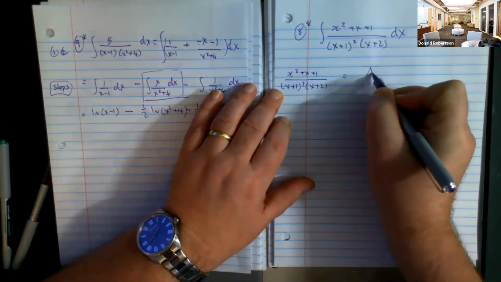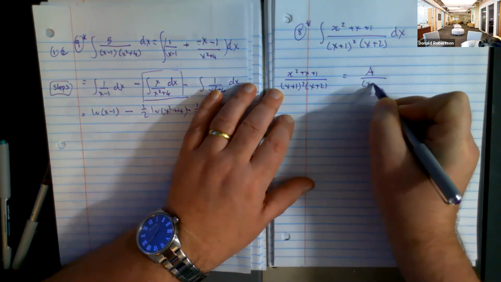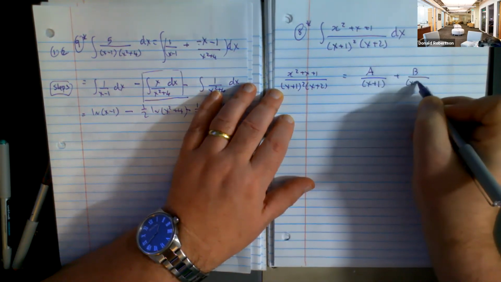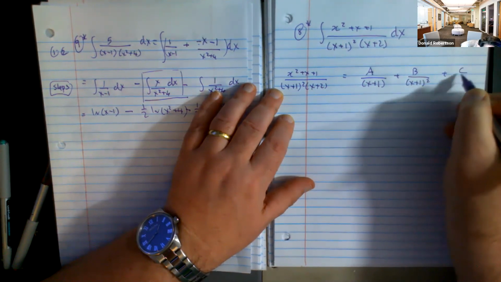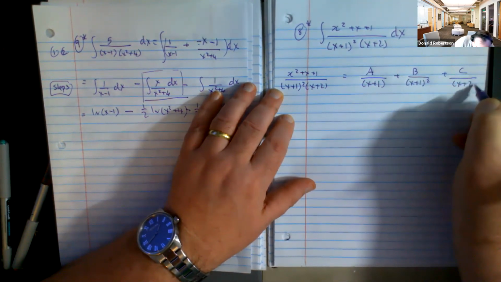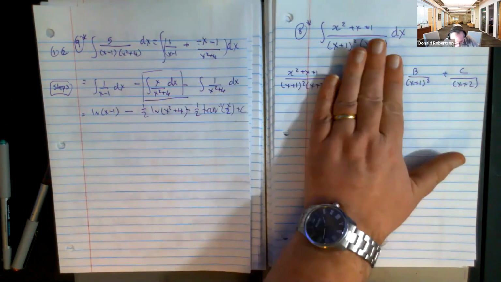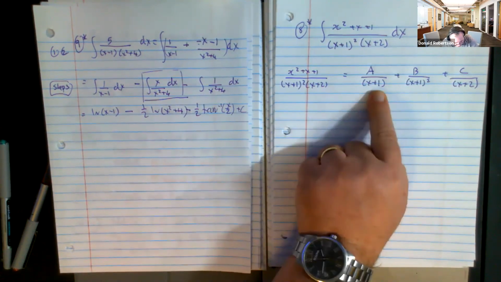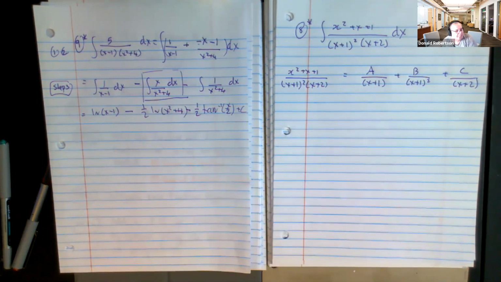It's going to be split into 3 distinct fractions. The most common mistake is people think you only need 2, which is those 2. But actually you need this one and this one, right?